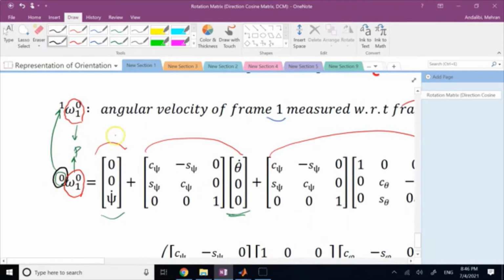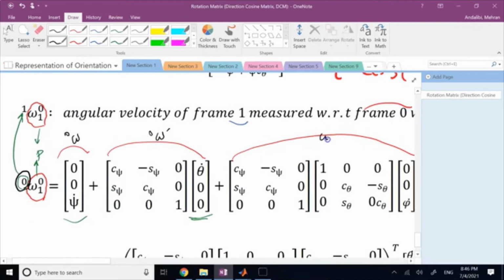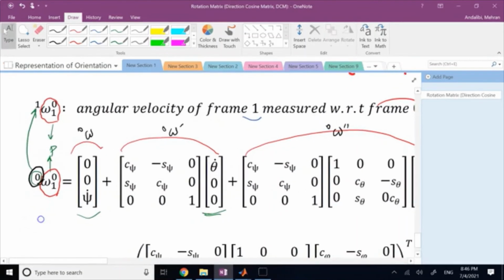So whatever this omega is, it has to be written in frame 0. Whatever omega this one is, you still have to write it in frame 0. You can only add apples to apples.